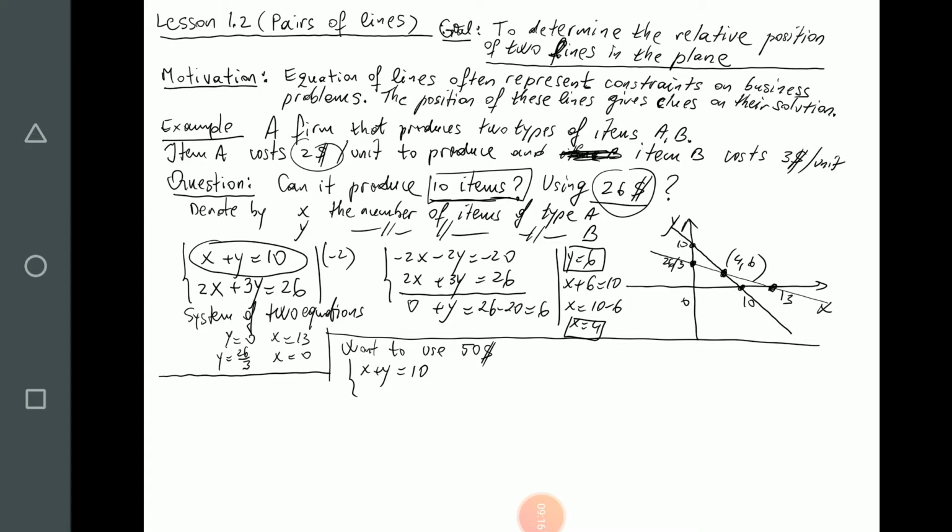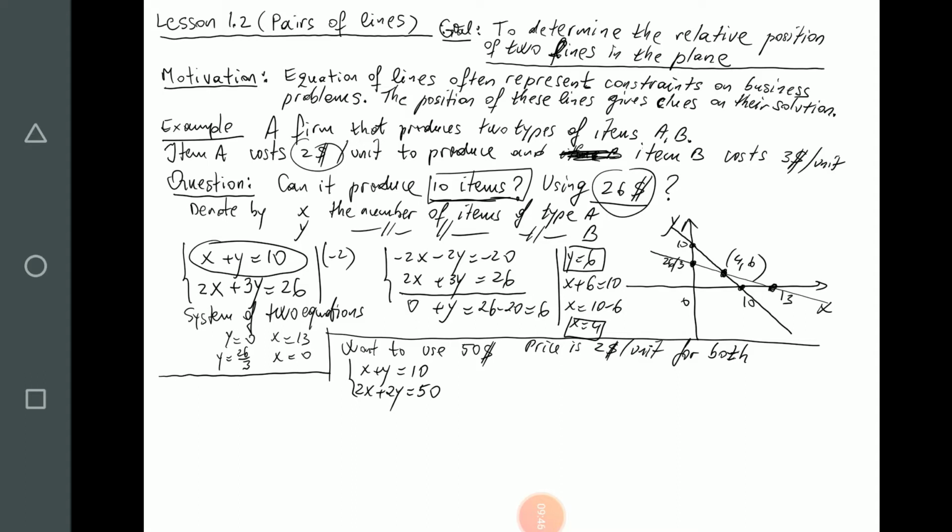Let's say the price is $2 per unit for both. A little bit unrealistic, but let's just say that the cost of production is really the same and the two items differ just by color, let's say, right? So otherwise the price of production is the same. So if the price is 2 for both of them, then the second equation will be 2x plus 2y equals 50.